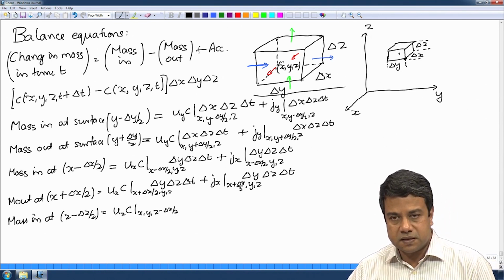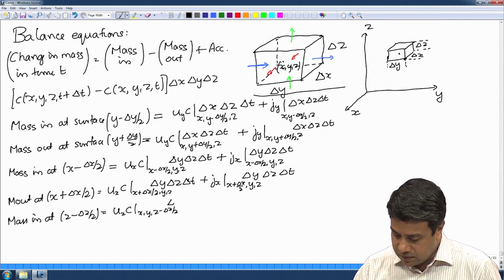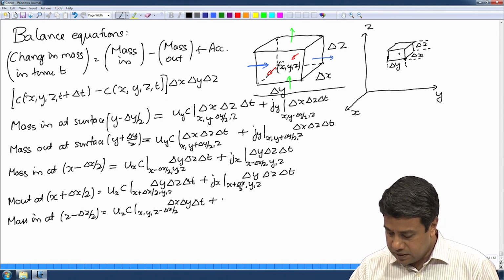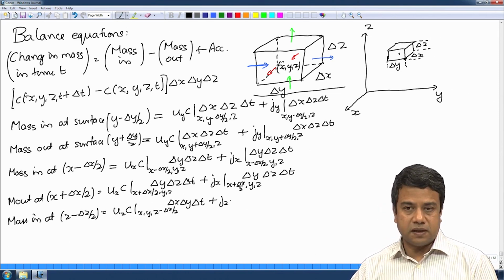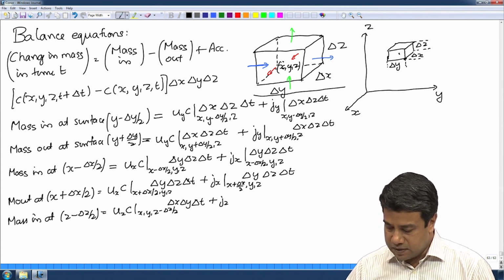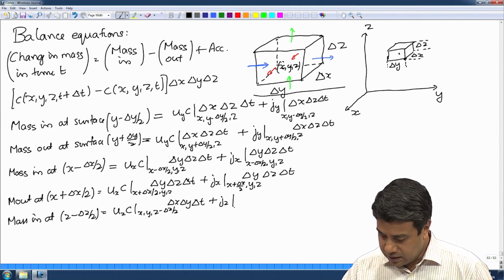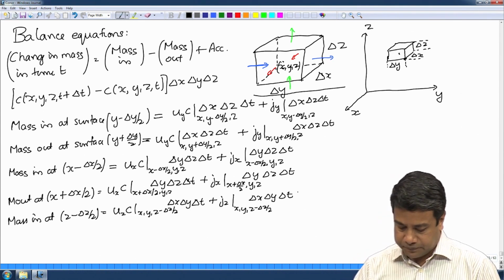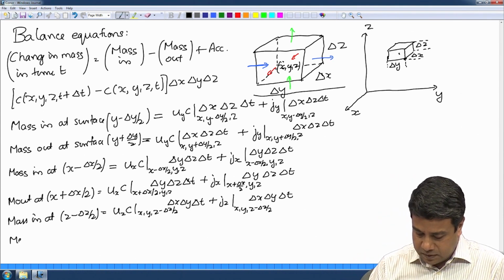In this case, the surface is along the xy plane. Therefore, the area is delta x delta y, times delta t, plus the flux in the z direction, because that is what is bringing mass into this differential volume at the bottom surface. The flux in the z direction at x, y, z minus delta z by 2, times delta x delta y delta t. Then you have a mass out.